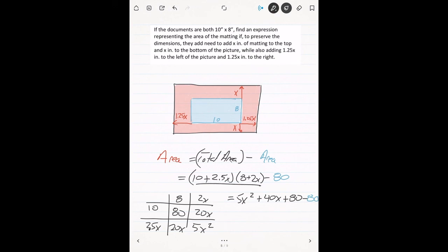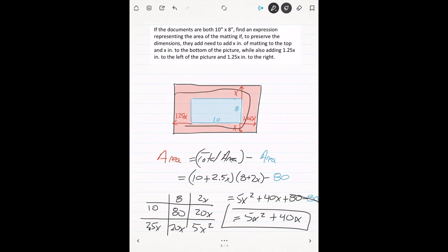So we've just multiplied this, and we're subtracting away this 80, so we can cancel those out, and we're left with 5x squared plus 40x. This is the formula to figure out how much area of matting we would need as the boundary.